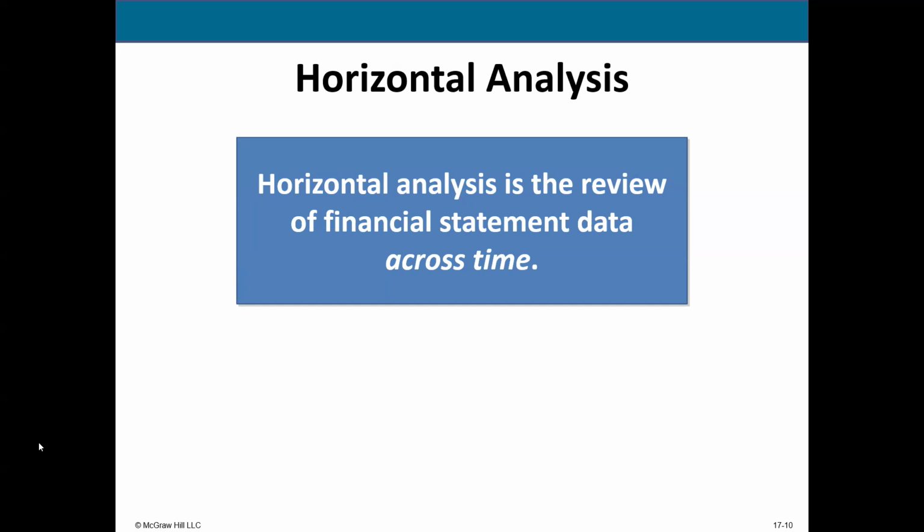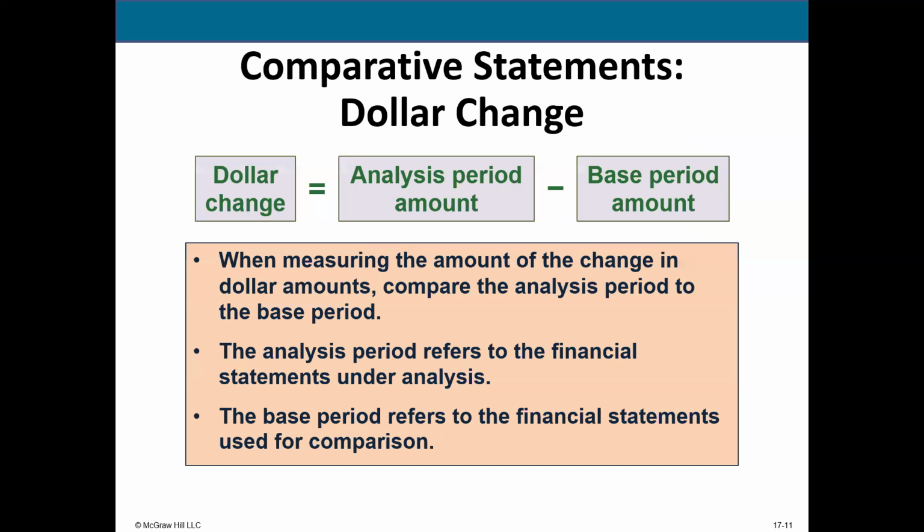Now, when I do that, I need to look at the difference in terms of dollar changes and percent changes over time. When I compare one year to another, I can look at the dollar change and the percent change. The dollar change, real simply put, I take the analysis period amount, which is the current year or most recent year, and I subtract out the prior year or the base year.